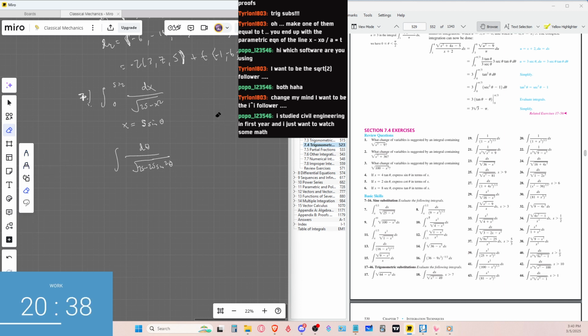My brain is really not computing here. Okay, we're not going to do the parameters yet, because sometimes when I do u substitution with a definite integral, I always forget to change it. I know you're supposed to.